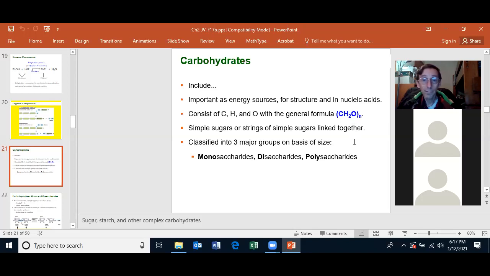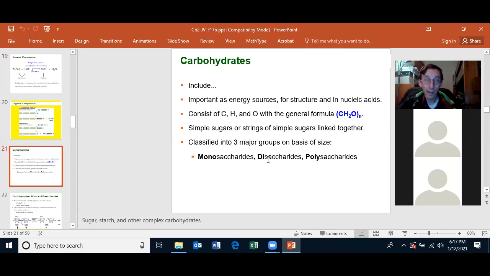Simple sugars or strings of simple sugars can be linked together to make a larger carbohydrate, and we can classify carbohydrates into 3 major groups based on their size. There's the monomers, which are the smallest, the monosaccharides, like glucose and fructose. There's the disaccharides, and those are 2 monosaccharides joined together.